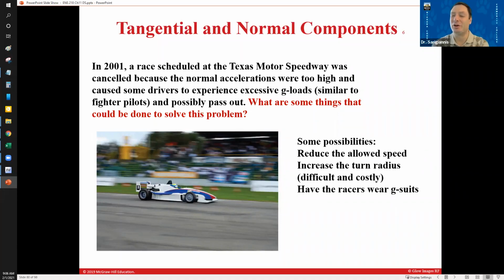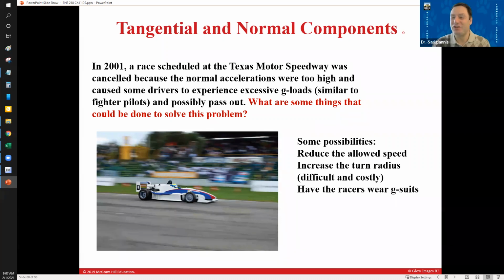Remember, the normal acceleration is a function of the velocity squared divided by the radius. So if you decrease the allowed speed, maybe by putting governors on the cars, you would eliminate that risk from one component.